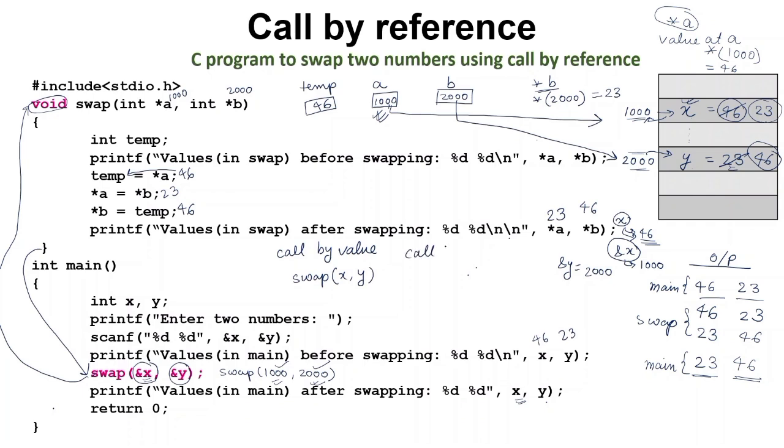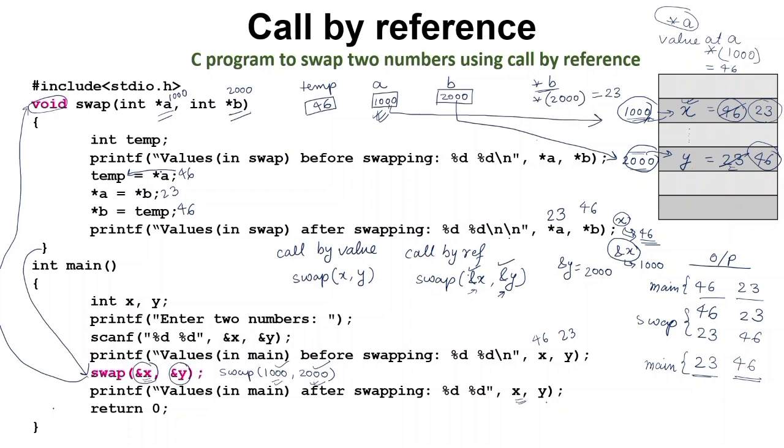Whereas in call by reference, we have passed addresses to the function, address of x, and we have passed the address of y. That is, we have passed the references of these variables. That is your memory location, that is address. And since we are passing the address, addresses are stored in pointer variables. So we have created the pointers.